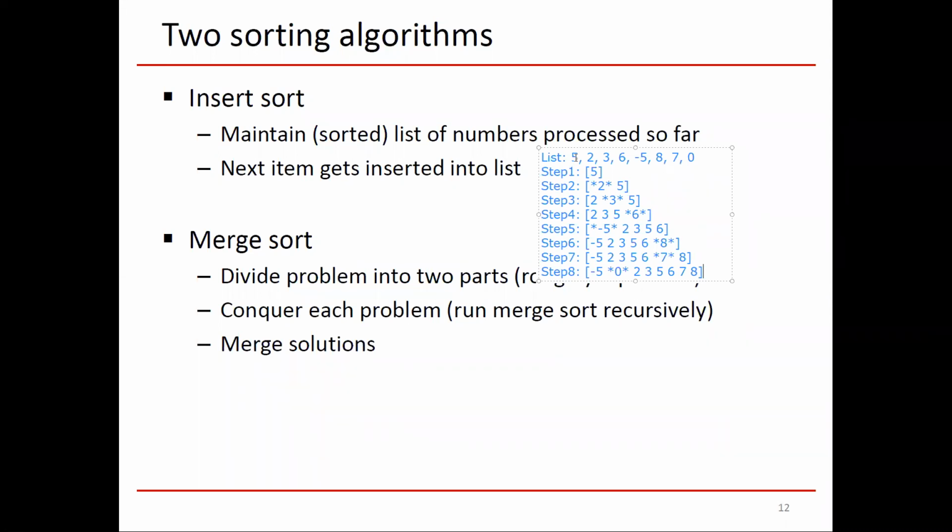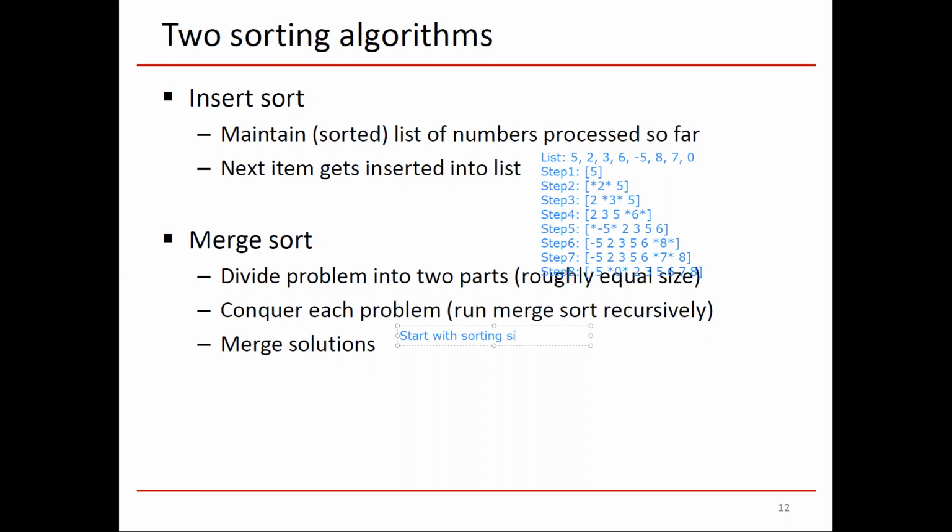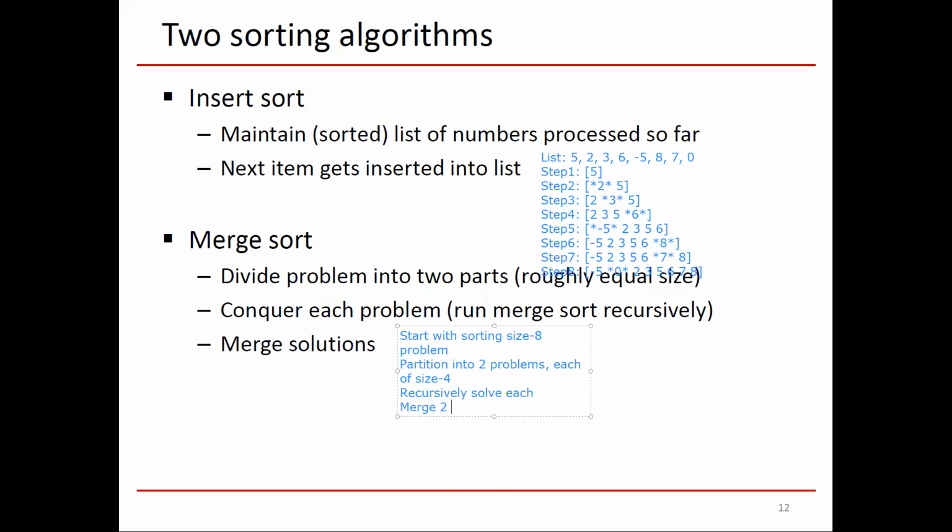So now, in the merge sort, we start with sorting a size 8 problem. We partition into 2 problems, each of size 4. We recursively solve each, and merge two solutions of size 4.